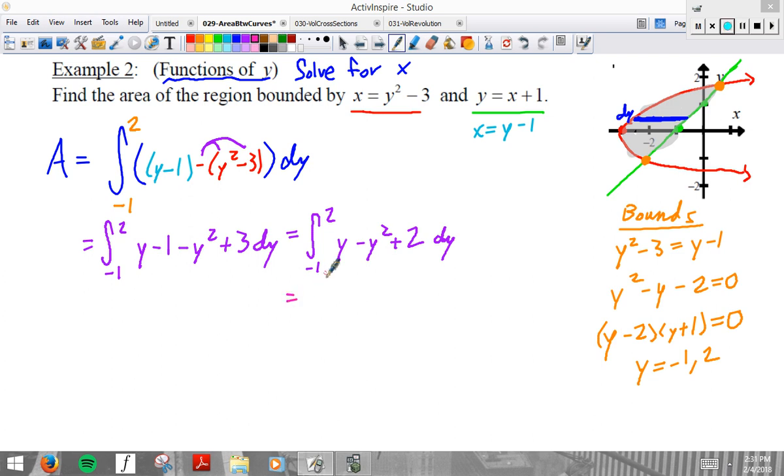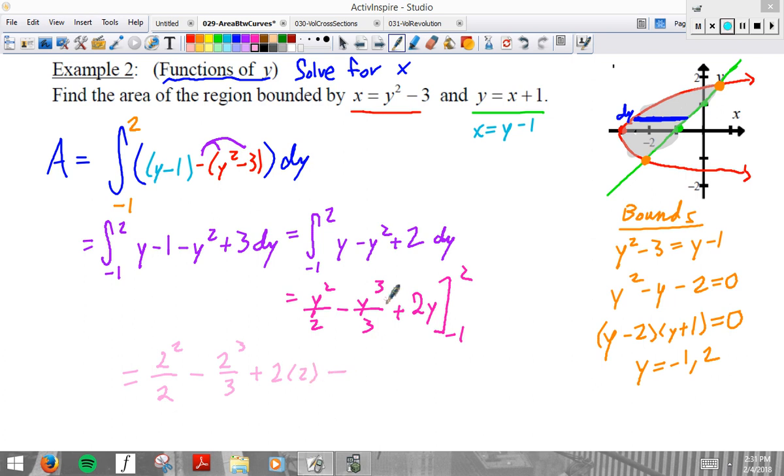Anti-differentiate first. Evaluate. And when we evaluate, we plug in the top bound first. 2 squared over 2 minus 2 cubed over 3 plus 2 times 2, minus, with parentheses.